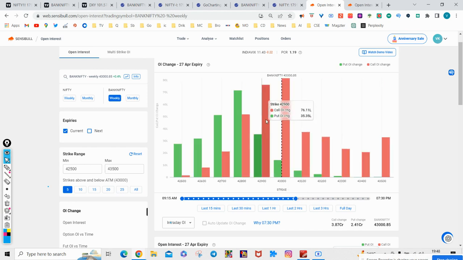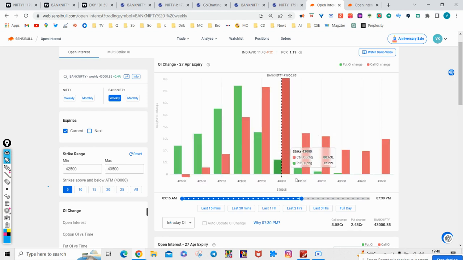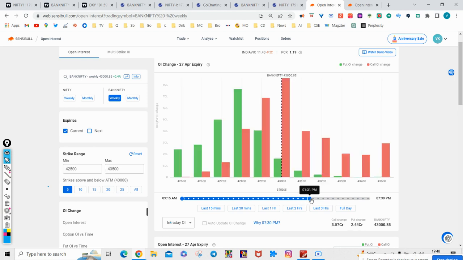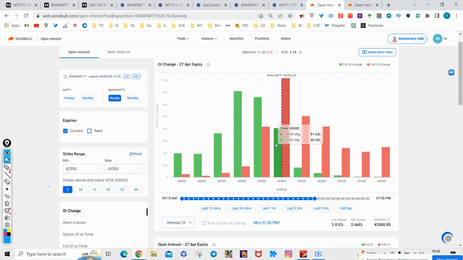After that rise, till around 1 o'clock, you can see that 42,900 call writers were high, but after that massive upward candle, they almost gave space to 42,900 put writers, but 43,000 call writers were still in the game.